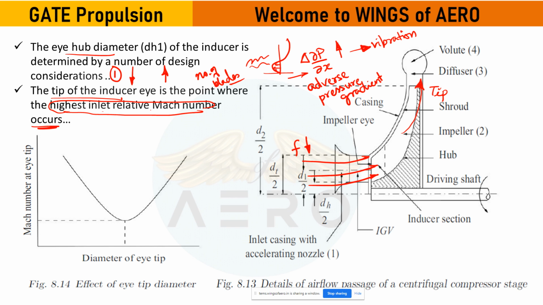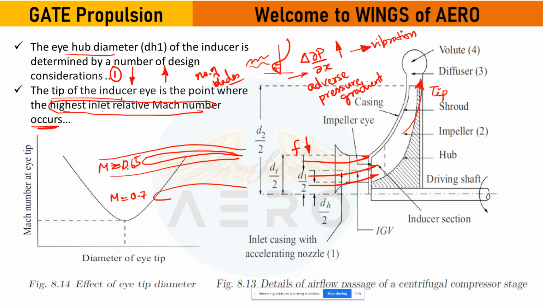Now why we need to decrease the Mach number? Again the same thing. So we will see a kind of concept over here, right? Suppose the Mach number is less than 1, maybe let's consider Mach number is 0.65. Now flow is moving, right? Now I'm increasing the Mach number of this particular blade to 0.7. So what will happen gradually, at some point the Mach number will become sonic.